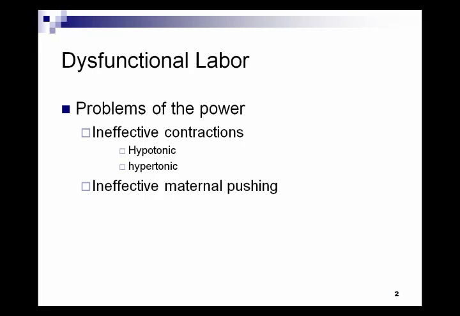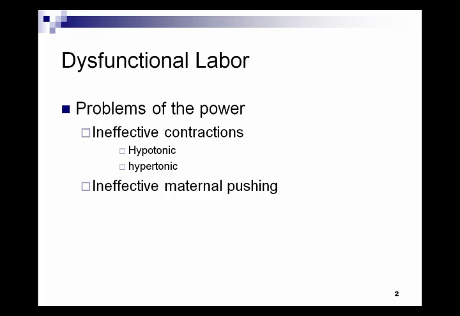Both of those require an intervention. If the woman's on Pitocin, we have to stop the Pitocin or oxytocin, bolus the fluids, turn her to her left side, and provide oxygen, 10 liters.